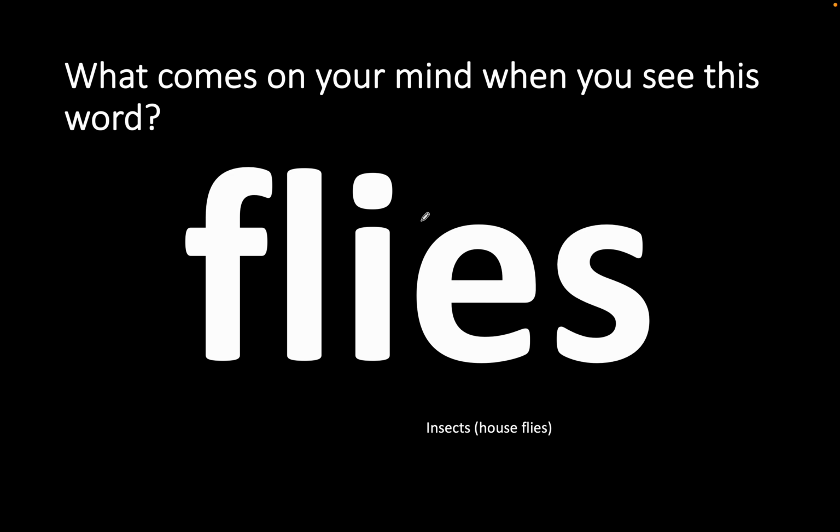Beyond the theory, what comes to your mind when you see the word flies? Yes, of course, insects, house flies, the disturbing creatures. But is that the only meaning that flies captures?